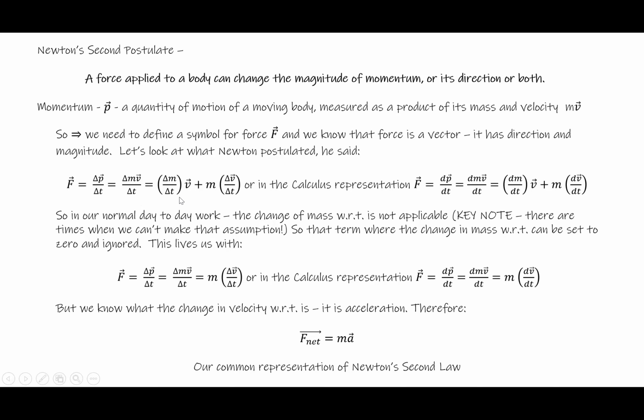And when I do that, I can do a mathematical trick, that I can look at the change in mass with respect to time times the velocity, plus the mass times the change in velocity with respect to time. It's called the chain rule if we're dealing with the calculus, and I'm going to actually give you the calculus representation, but these two are essentially the same discussion, right? They're the same discussion.